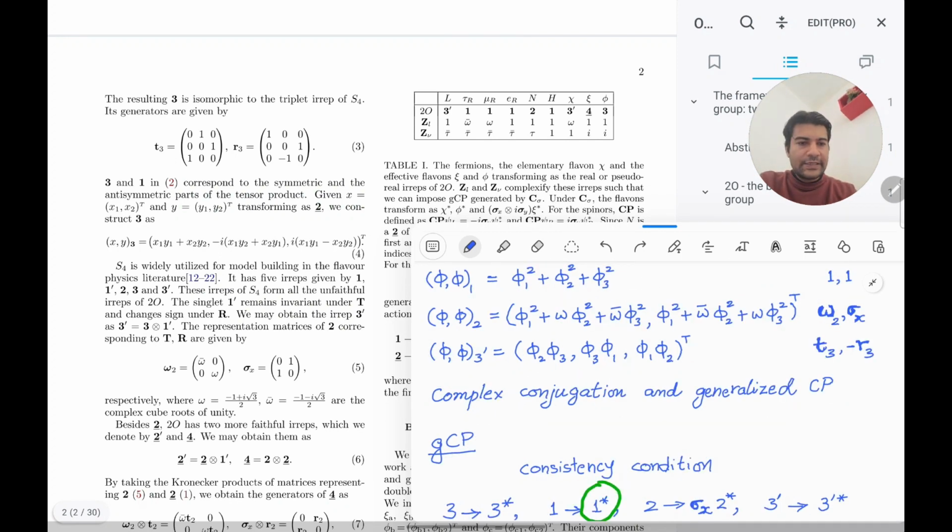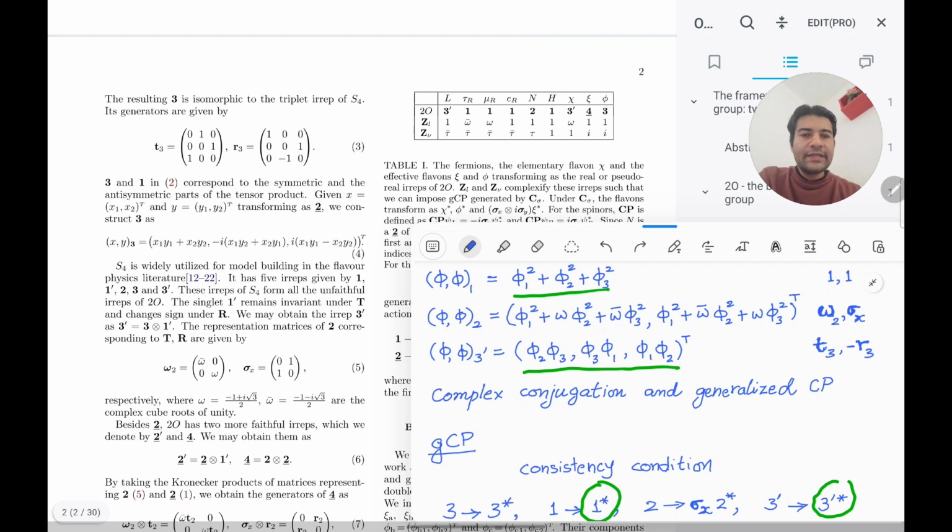The singlet and the 3 prime are complex conjugated, and as you can see, these objects, the singlet and 3 prime, are also real. So under complex conjugation, nothing happens to them, so it is consistent with the transformation of the triplet phi.